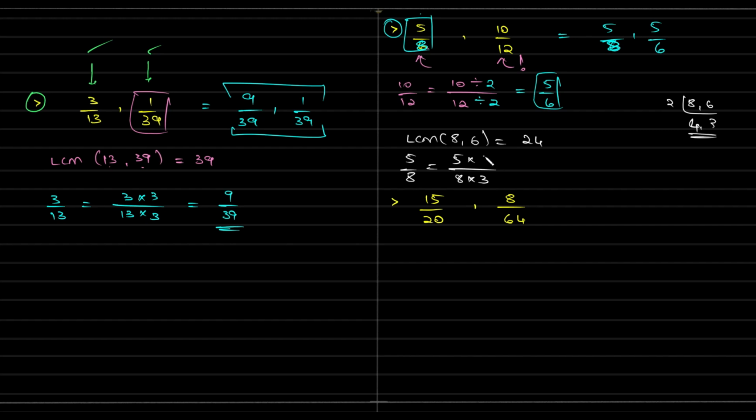For that we need to multiply with 3, giving 15 by 24, and 5 by 6 times 4 gives 20 by 24. And thus, if the question was of this nature, the like terms are 15 by 24 and 20 by 24. This is how you convert, and after this you can add and subtract.